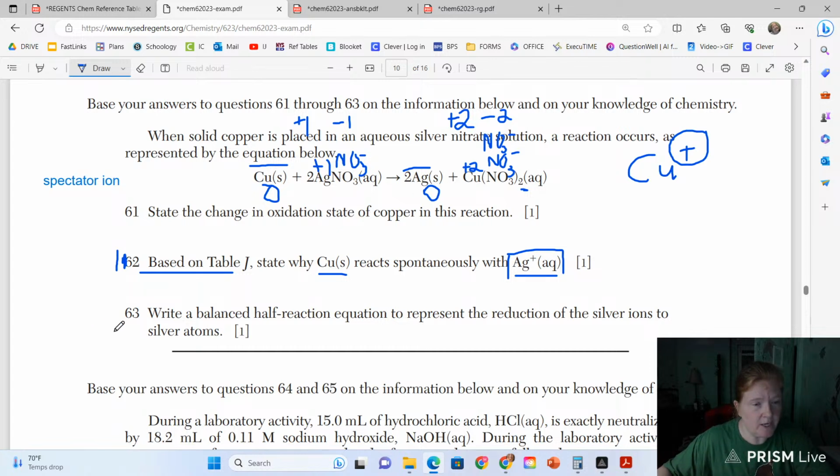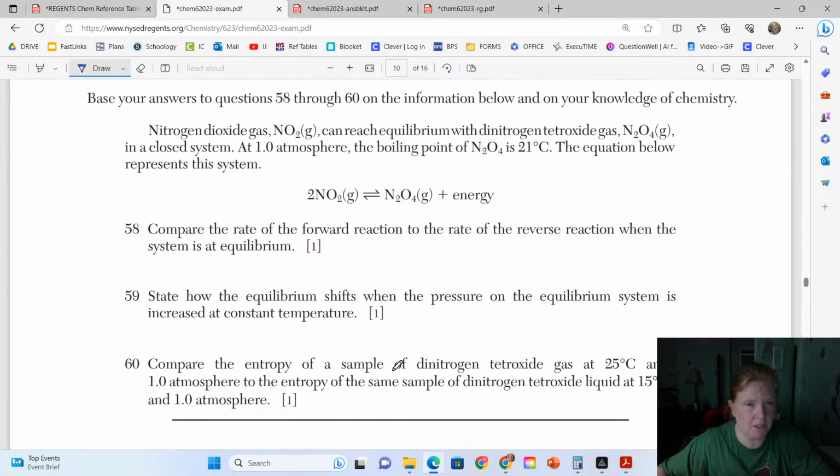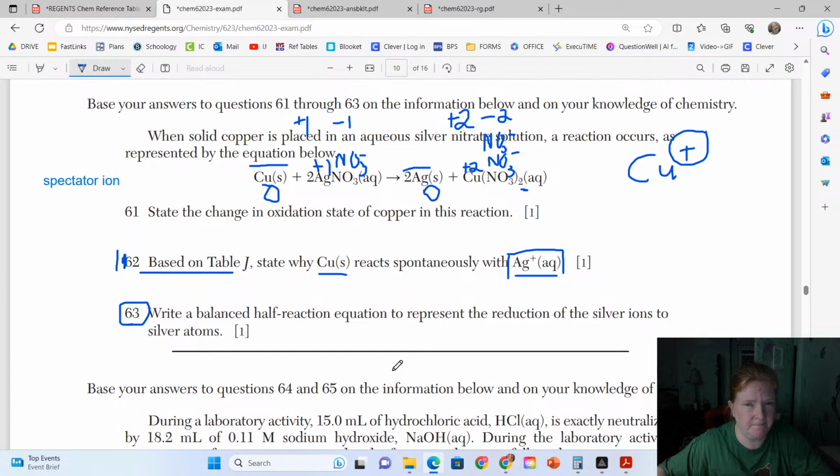Now, this question, 63, it's probably the hardest question they could ask about redox. And so I need to go to the picture for a minute. Also, they didn't even give me a picture here for this one. So write a balanced half reaction equation to represent the reduction of the silver ions to silver atoms.